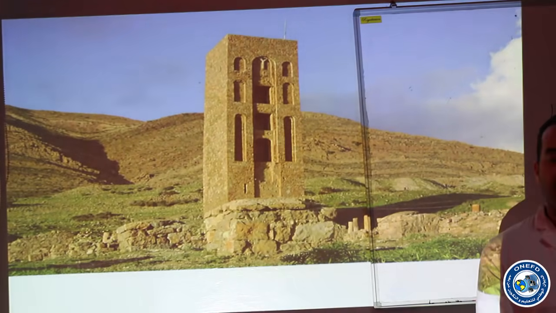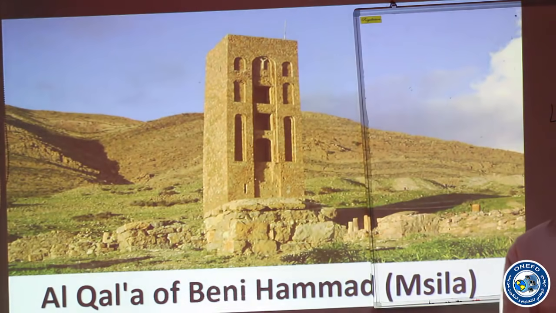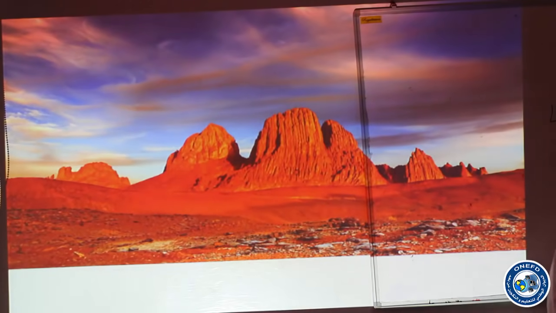The following picture, it is Al-Qala of Bani Hammad in M'Sila. This is Tamanrasset. And what do we call this place?